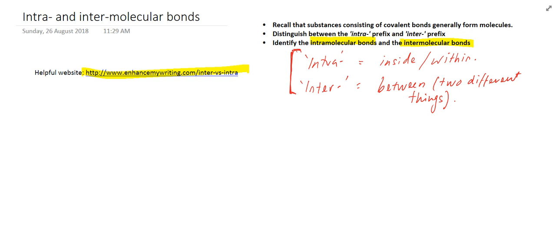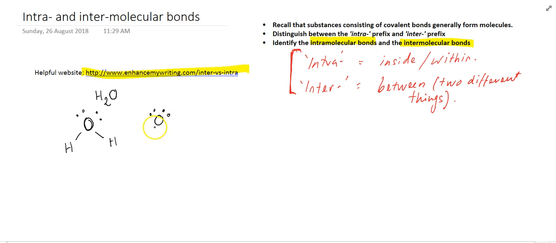Okay, so let's have a look at the first of these learning goals here. Now we should recall that substances consisting of covalent bonds generally form molecules. So what do I mean by that? Well, if you look at a typical example of a covalently bonded substance such as water, it consists of 2 hydrogens and 1 oxygen. This is just a different way of drawing out the electron dot diagrams.